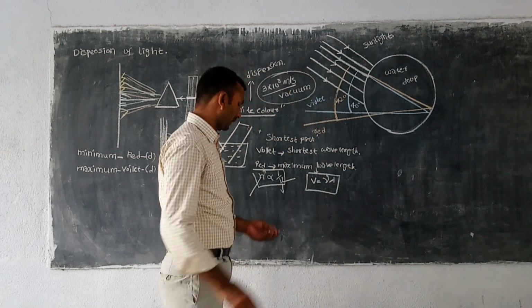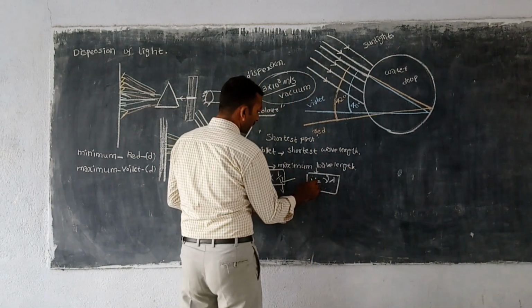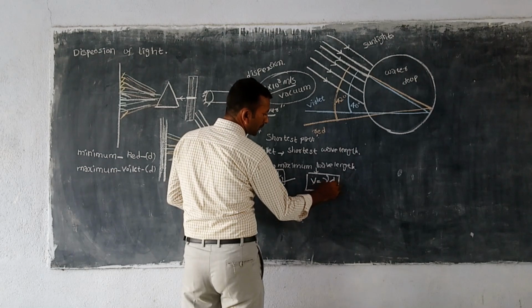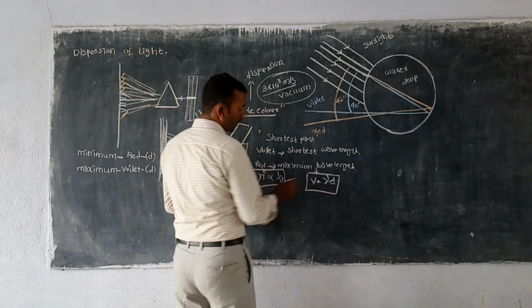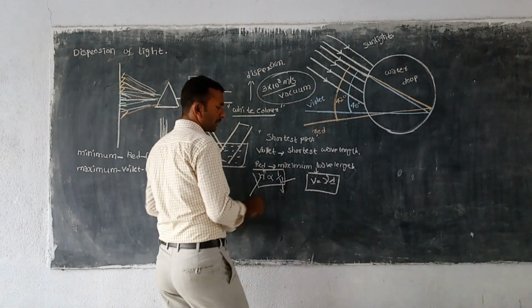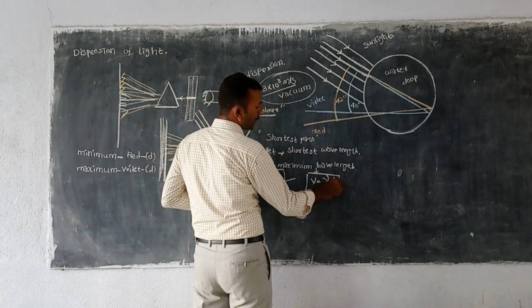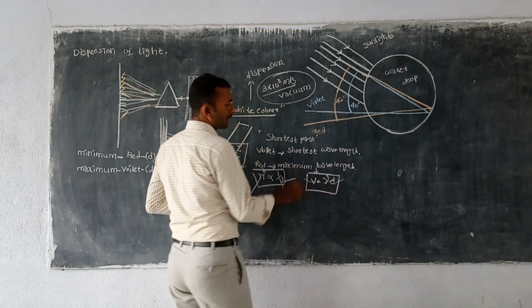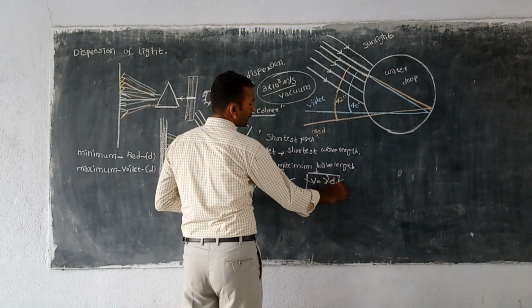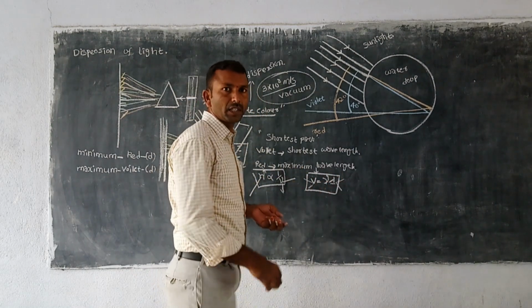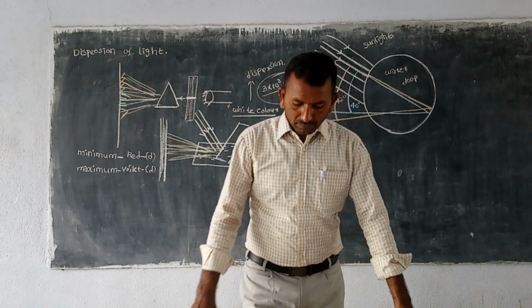So this one is the speed of the light, this one is the wavelength, and this one is the frequency. When the wavelength increases, the speed of the light increases, and when the wavelength decreases, the speed of the light also decreases.